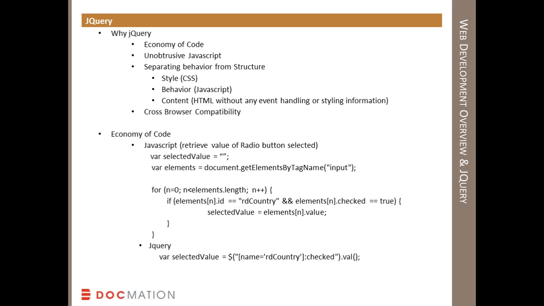The other biggest benefit of using libraries like jQuery is you don't have to worry about cross-browser compatibility. By cross-browser compatibility, what I mean is we spoke about the browser's document object model, or what is called DOM, yesterday.